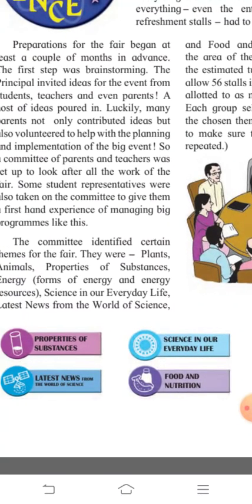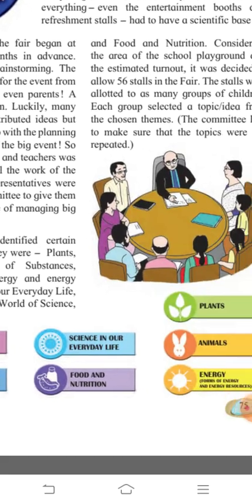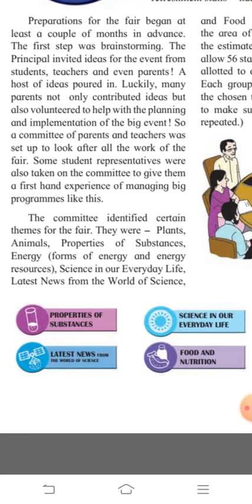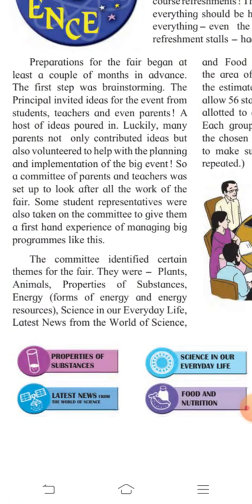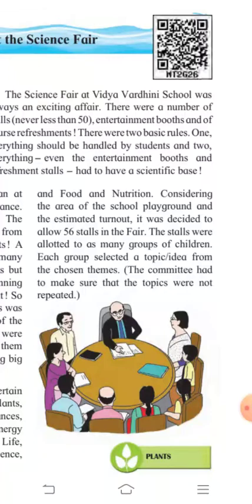Maybe about energy we can learn about forms of energy, sources of energy, right? So the energy theme was decided, forms of energy as well as energy resources. Science in our everyday life, food and nutrition, okay, and latest news from the world of science, right, and food and nutrition.